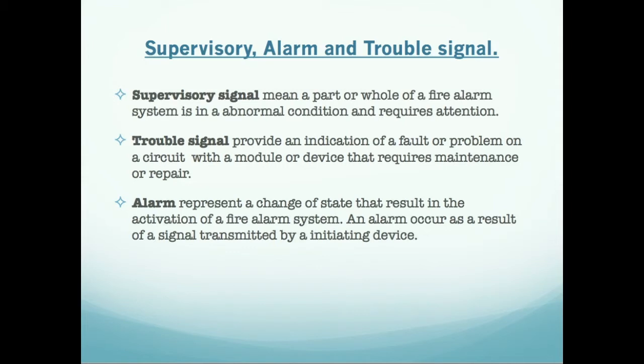A trouble signal provides an indication of a fault or problem on a circuit with a module or device that requires maintenance or repair. Alarm represents a change of state that results in the activation of a fire alarm system. An alarm occurs as a result of a signal transmitted by an initiating device.